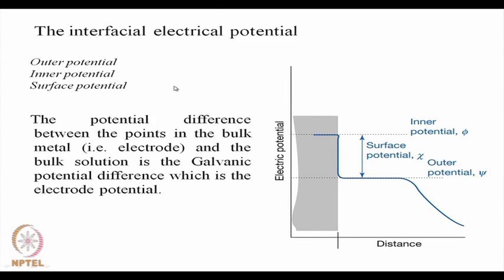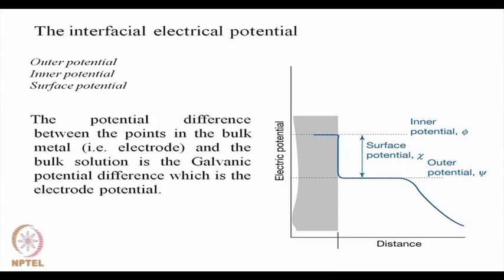Now, the interfacial electrical potential, let us think of that. What is an interfacial electrical potential? It has three parts. You have to think of three things: the outer potential, the inner potential, and the surface potential.